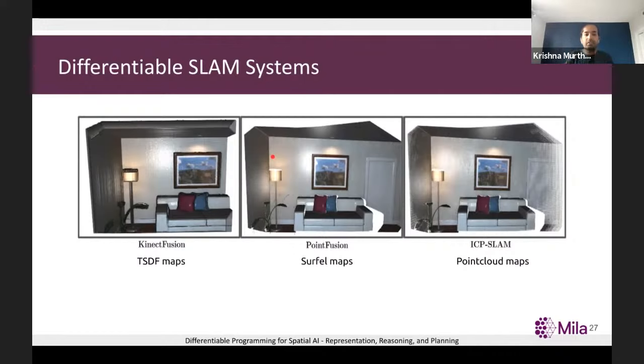So in between is a compromise, which is a surfel map. We call this point fusion. And this is based off of the point-based fusion paper from 3DV, which came a couple of years after the Kinect Fusion paper. And this is by far the most memory efficient differentiable SLAM system that we have in our library.